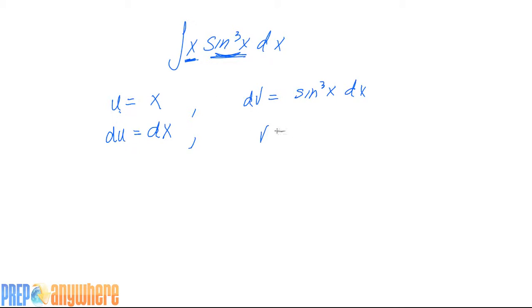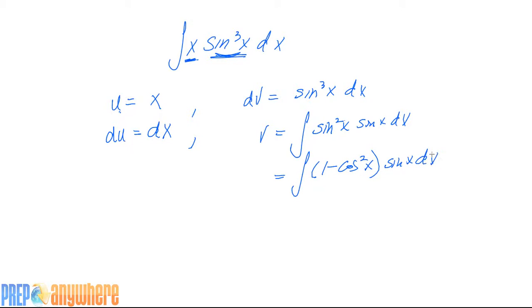So v is an integration of this. I'm going to do this: sine squared x times sine of x, which is the same thing as 1 minus cosine squared x times sine of x. From there, if you let u equal to, maybe I shouldn't use u because I already used that. Let me let a equal cosine.